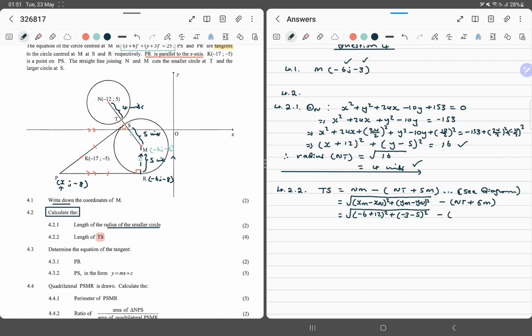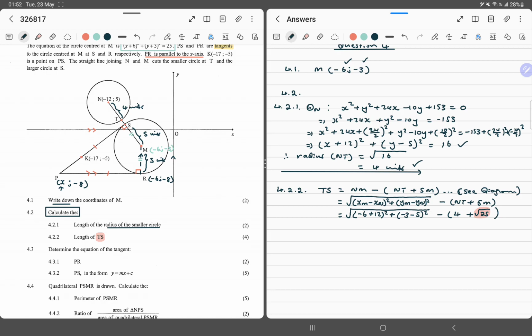Then we substitute here. I think we need to be smart about some business here. NT, we just calculated above, is 4 plus SM is basically the square root. Let's just show that calculation. SM is the square root of 25. Because we never calculated it, so we need to be careful. Instead of just writing the answer, we need to show where we got it.